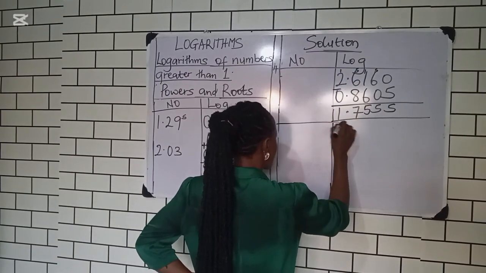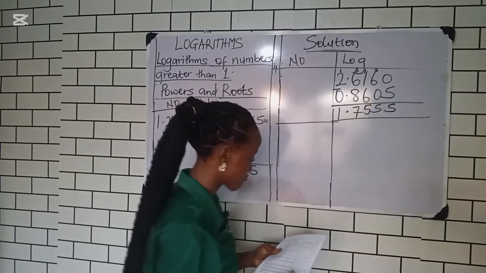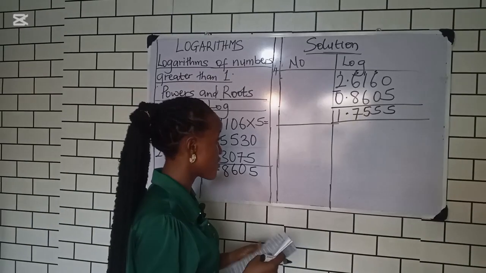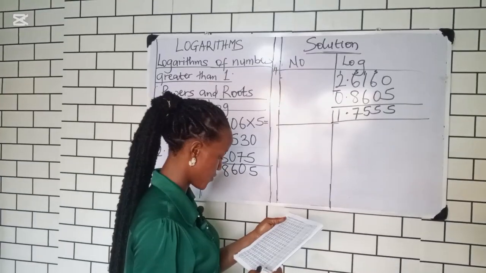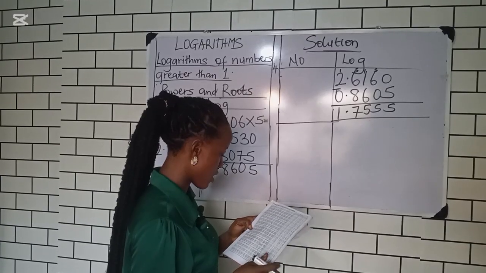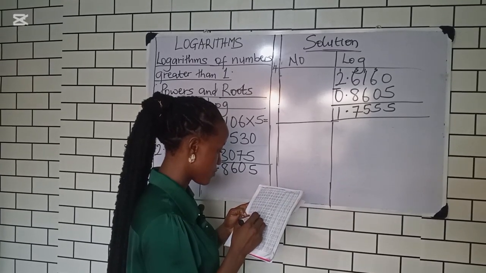Now we are going to find the antilog of the number. Open your anti-logarithm table. Look for 0.75 under 5, difference of 5. 0.75 under 5.